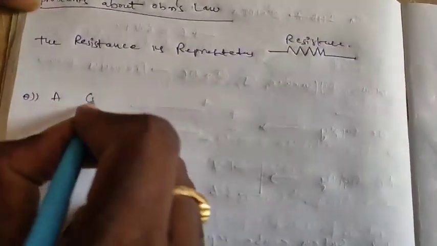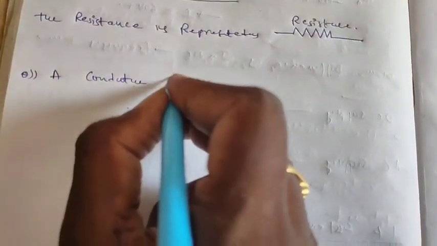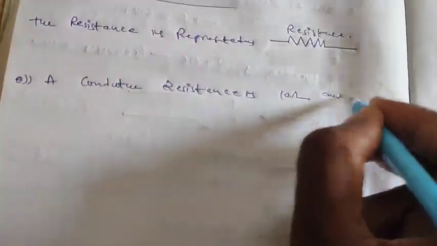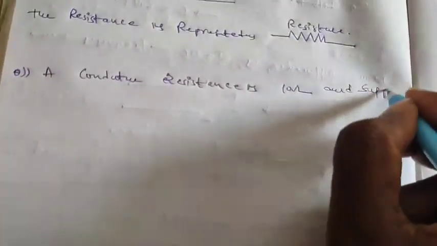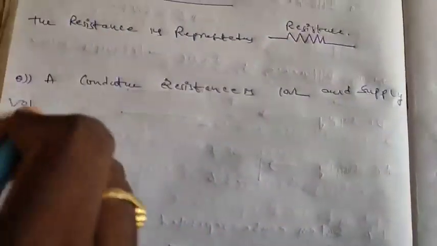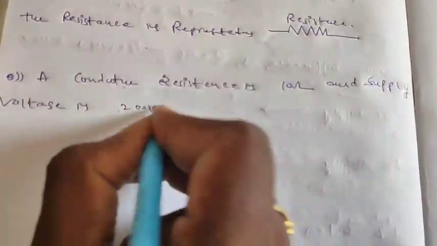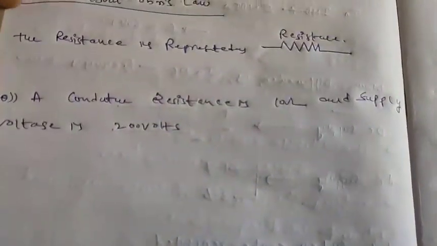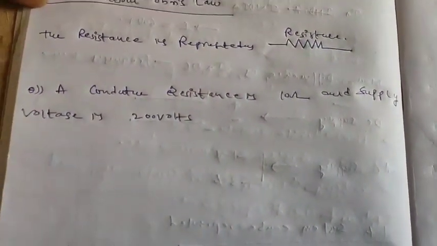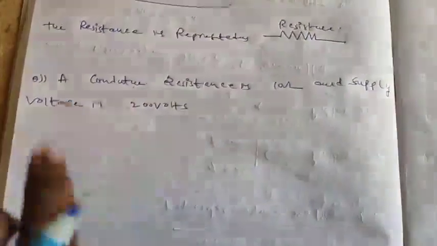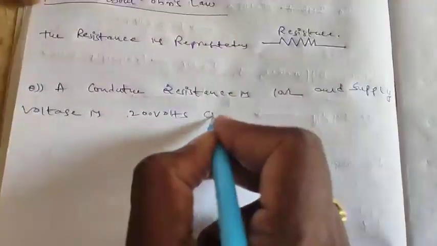A conductor's resistance is 10 ohms and the supply voltage is 200 volts.